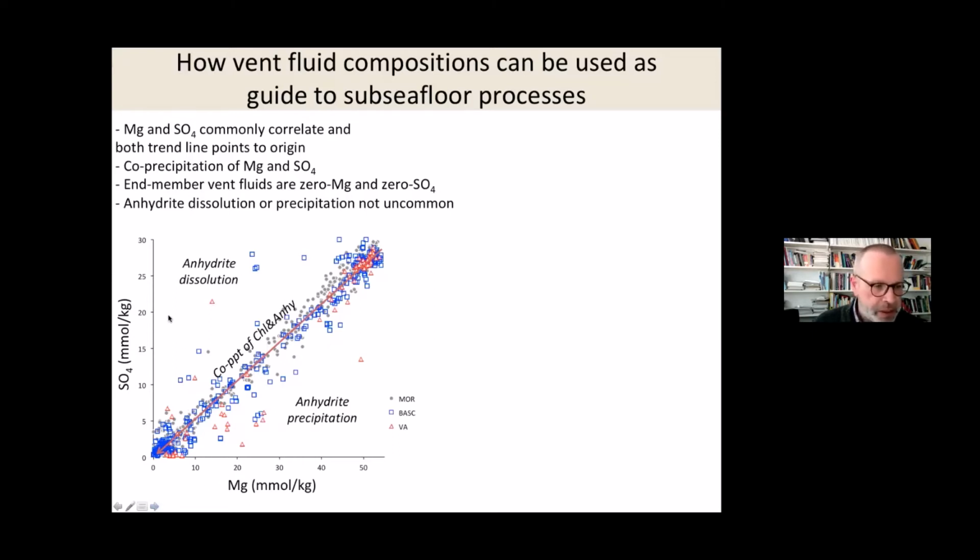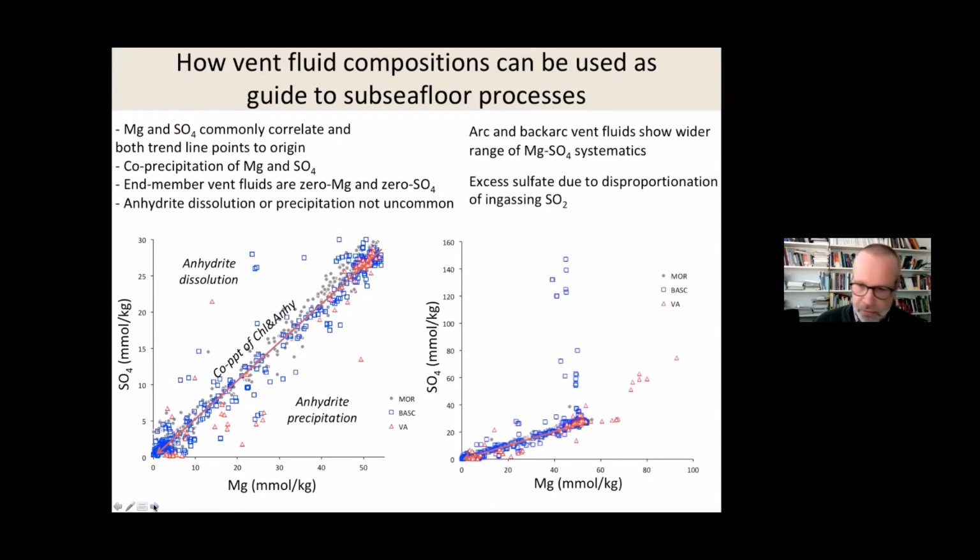Okay, you see where these axes end, at 30 and 55 here. So actually, when you look at the full picture, you see that in the arcs and backarcs, we find another class of fluid samples that do not fall on this trend at all.